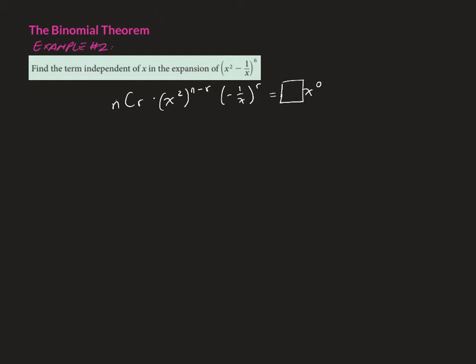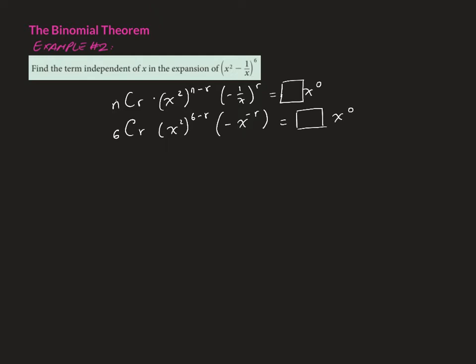So the first thing we want to do is to identify that n has to be 6. And so this is 6Cr, x squared to the power of 6 minus r, times minus, and I'm going to write 1 over x as x to the power of minus 1, which to the power of r becomes minus r. And then this should be equal to some coefficient times x to the power of 0.